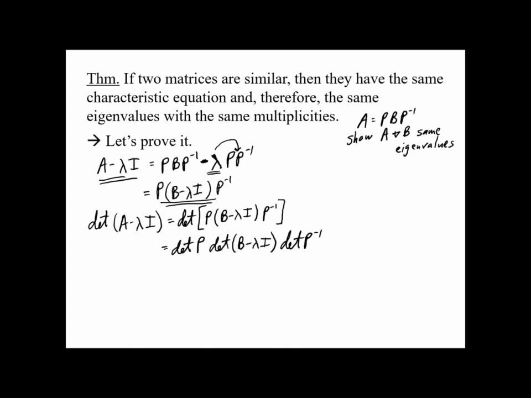Now, keep in mind, a determinant is just a number, so we can rearrange them. I can multiply the determinant of P directly with the determinant of P inverse, and I claim that that product is just 1. I'll show you why that's true in just a second.